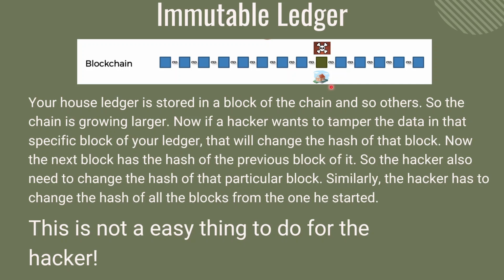And this concept of saving each transaction in each block of a blockchain is called an immutable ledger. You may understand the meaning of the word immutable here. Immutable means you can't mutate it, or you can't change it. A hacker can't change it so easily.